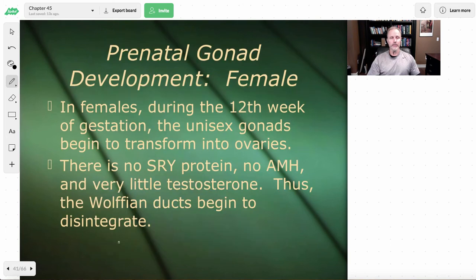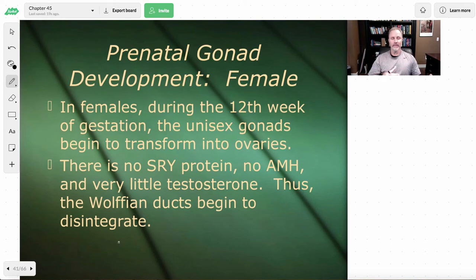Okay? Now, in terms of the female, during about the 12th week of gestation, the unisex gonads begin to transform into the ovaries. There's no SRY protein, there's no anti-Mullerian hormone, and very little testosterone. So the Wolffian duct system begins to disintegrate because that testosterone provides the protective measure for the Wolffian system.